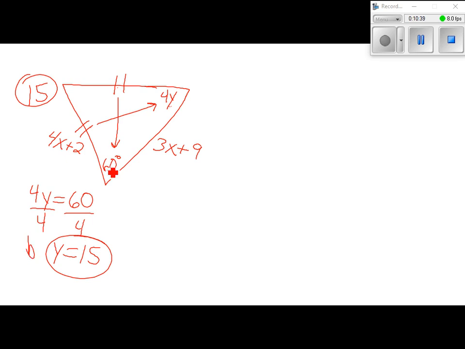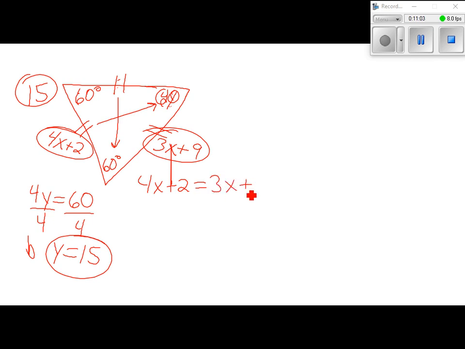Now, if that's 60 and this is 60, what's this angle over here? 60. So not only is this an isosceles triangle, but what do we know about it? All the sides are the same. So that side should have 2 marks, so what do we know about these two? They're the same. So 4x plus 2 should equal 3x plus 9.